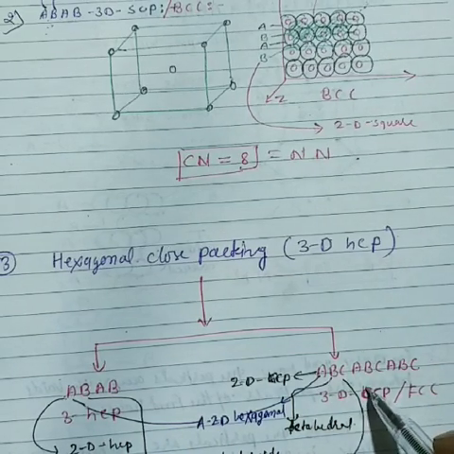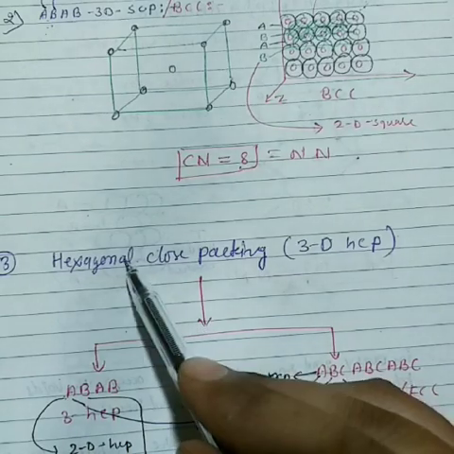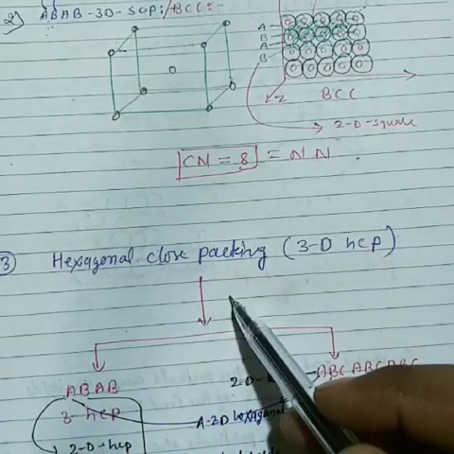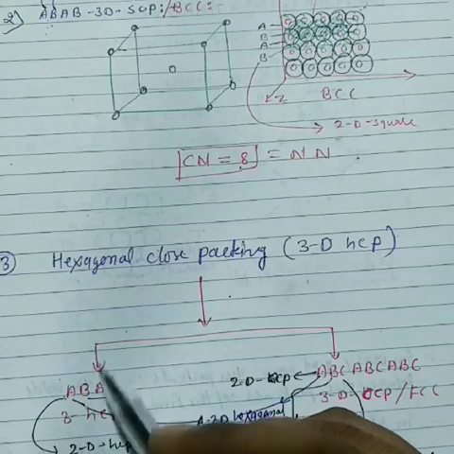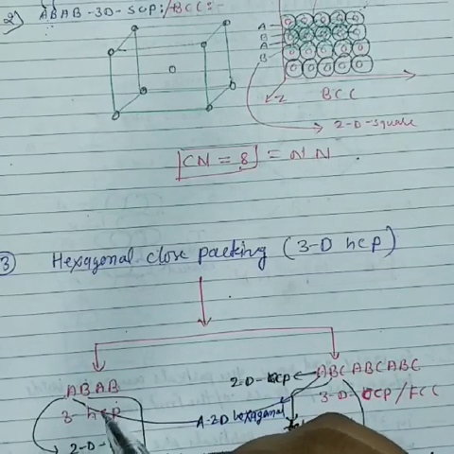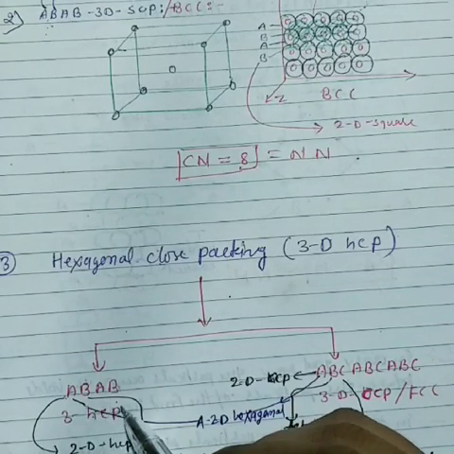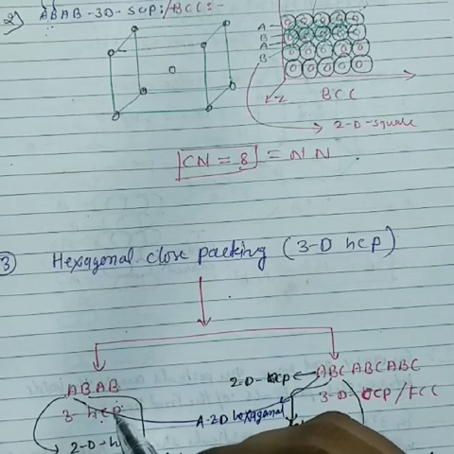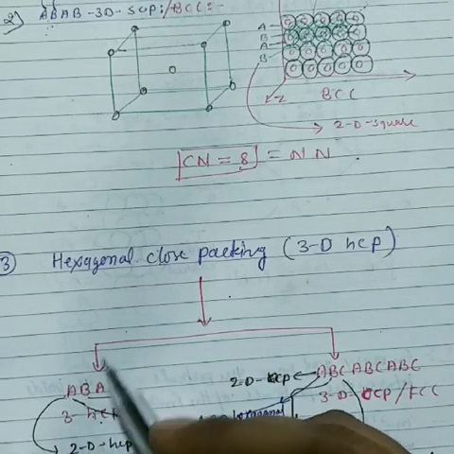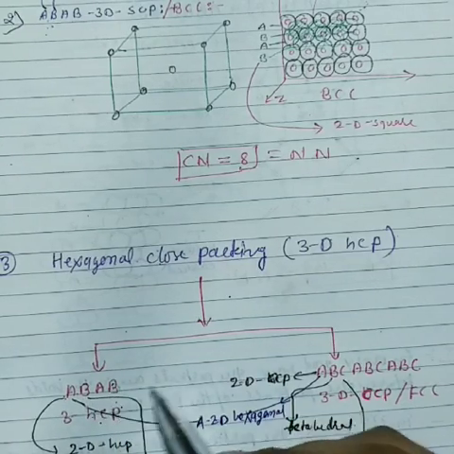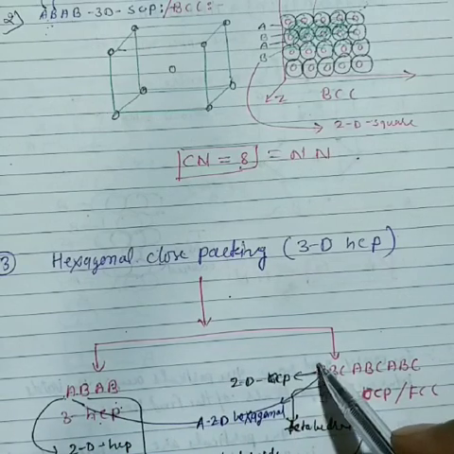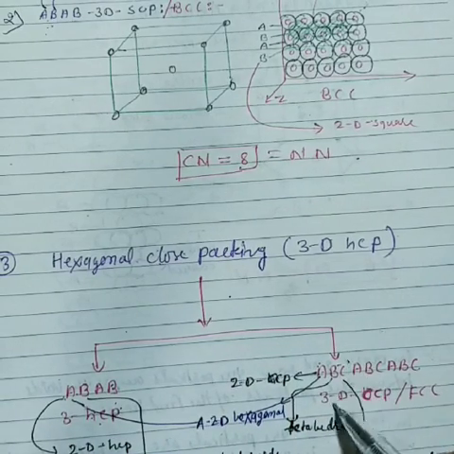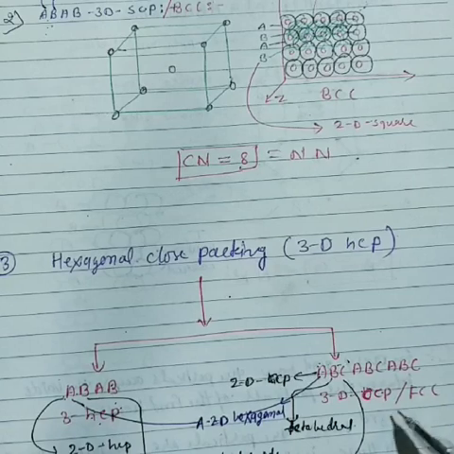Hexagonal is categorized into two types: first HCP, hexagonal close packing, which is AB type, and another type, ABC, which is also known as CCP or FCC.